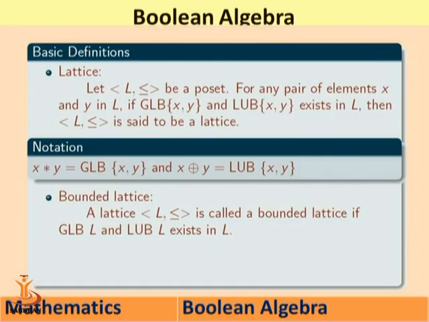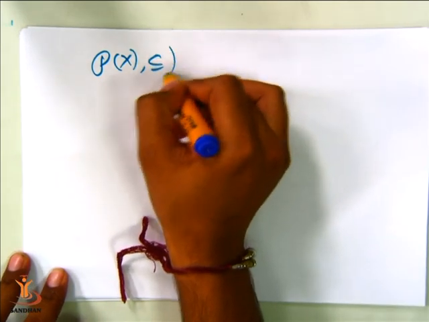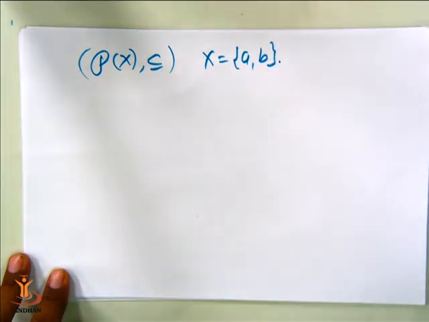Let us take an example. That example is the power set of X, with less than or equal to, where X is the set {A, B}.